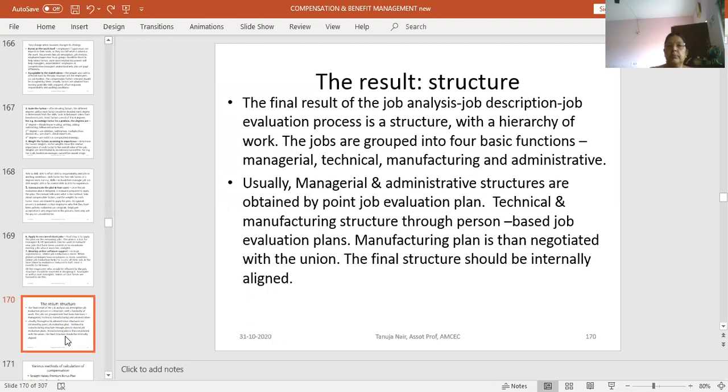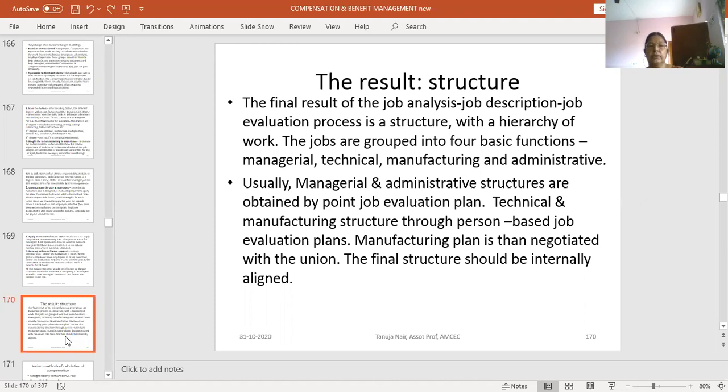So all the jobs are put into four basic functions: all managerial jobs into one group, technical jobs into one group, manufacturing jobs into one group, administrative jobs into another group. Based on these four basic functions, all your jobs in the pay structure will be grouped.